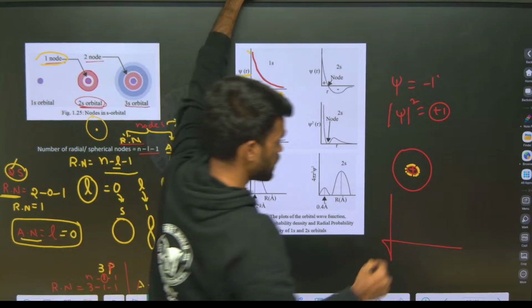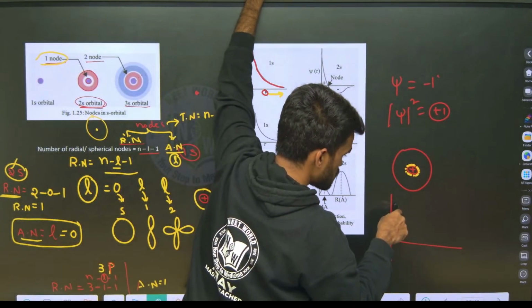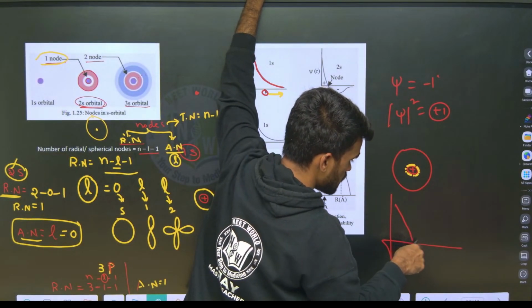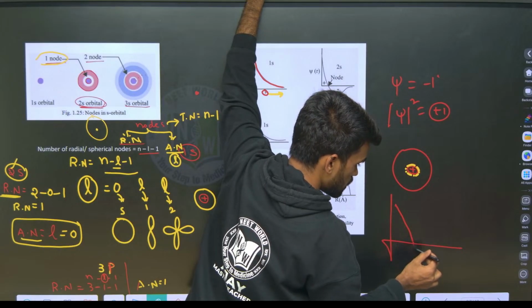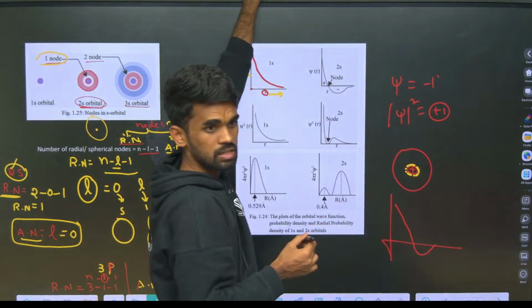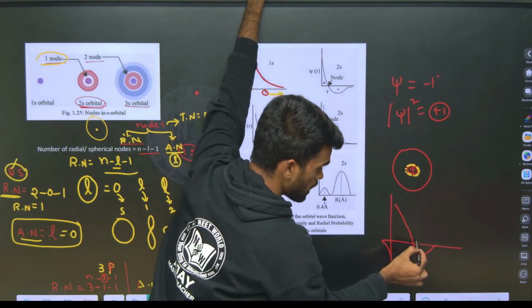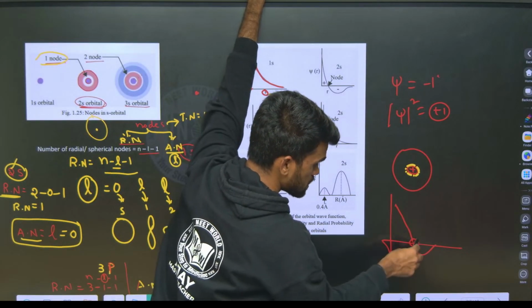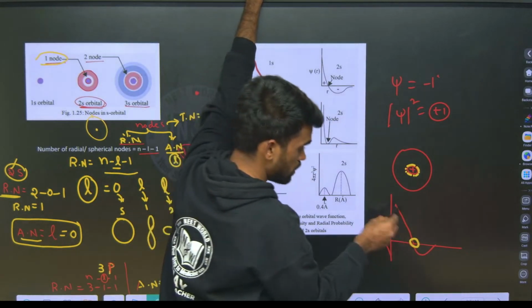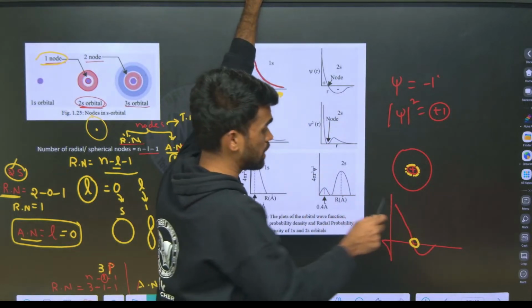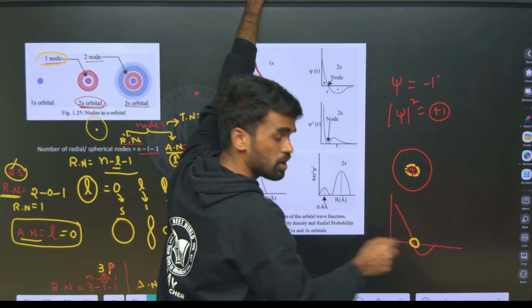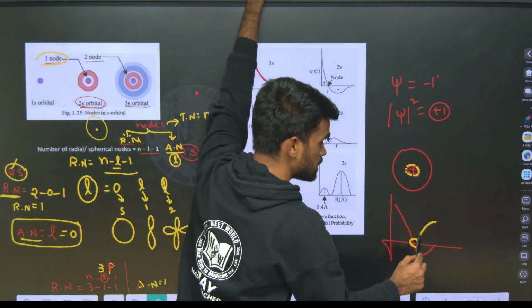So the graph will look something like this. It starts from here, reaches here, and after reaching it goes like this. How many times is it touching the x-axis? Removing the beginning and ending points, in between it touches once, so it represents one node.